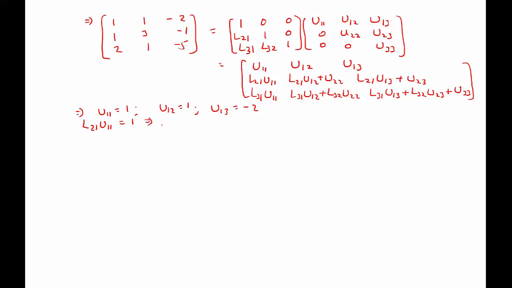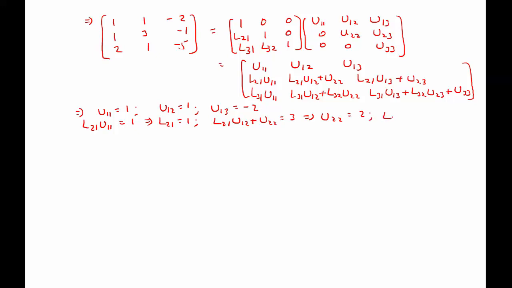From this, L21 is equal to 1. Next, fifth element, L21 U12 plus U22 is equal to 3. Substituting L21 as 1 and U12 as 1, 1 into 1 simplifies to U22 is equal to 2.